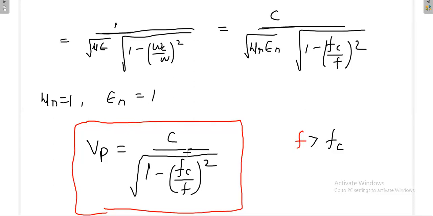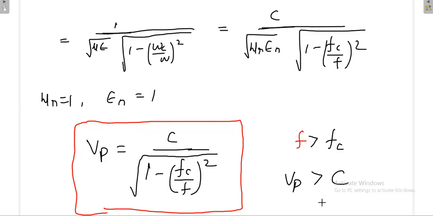So if you have a value in the denominator that is less than 1, once the condition is satisfied, definitely your phase velocity will be greater than the velocity of light in free space, because the entire denominator gives a value less than 1. 1 divided by less than 1 is always greater than 1.